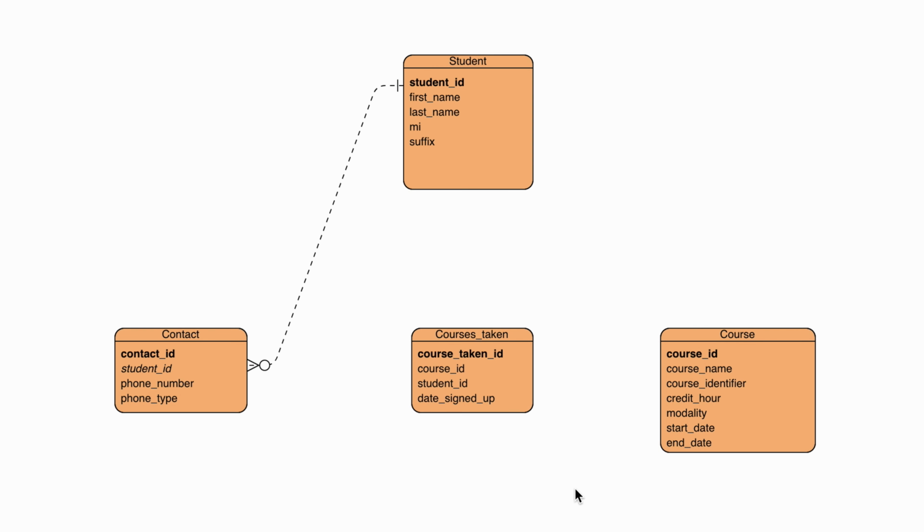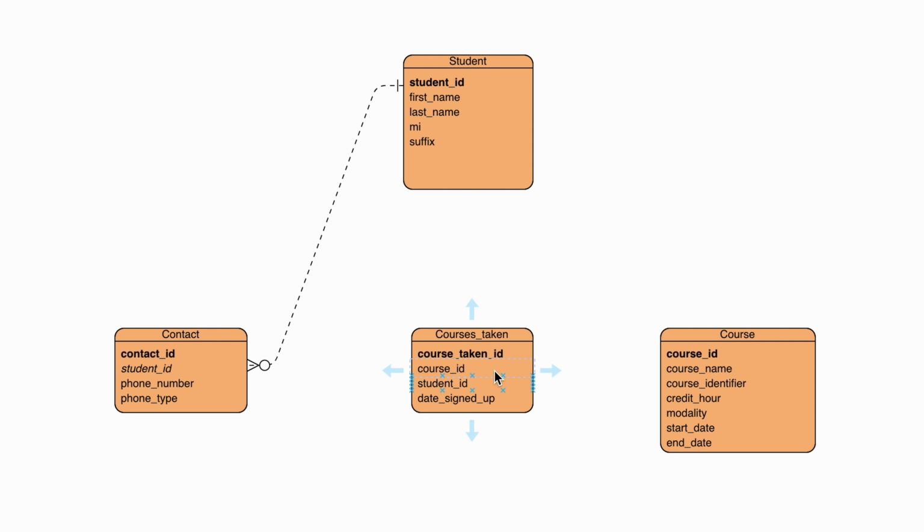What we have left is a classic many-to-many modeled with a bridge. Here's the clean way to set this up. Let's consider the relationships and what they mean. One student can take many courses, and one course can have many students. Therefore, we add the courses taken table as a bridge, an associative entity.